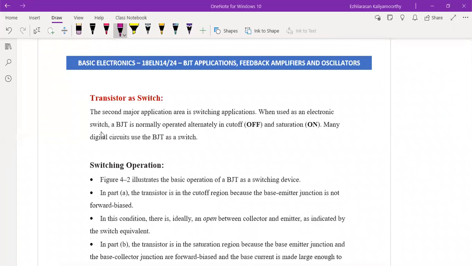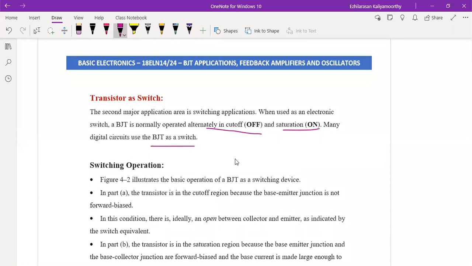When used as an electronic switch, the BJT will normally be operated alternately in cutoff and saturation. That is, cutoff means off, saturation means on. Many digital circuits use the BJT as a switch normally. With the help of this, we can make so many circuits. We can drive the circuits also.